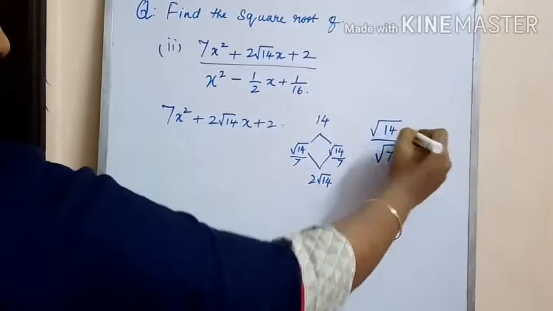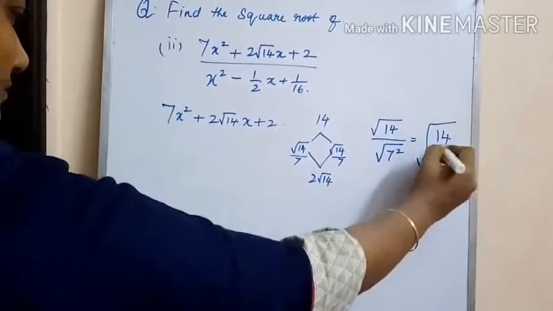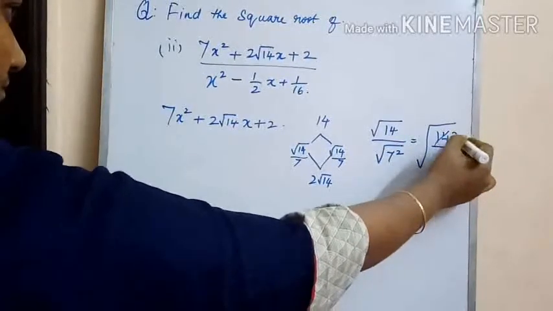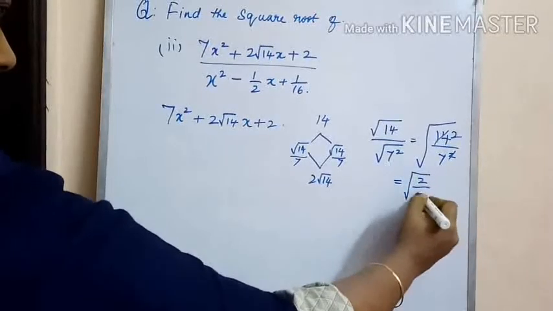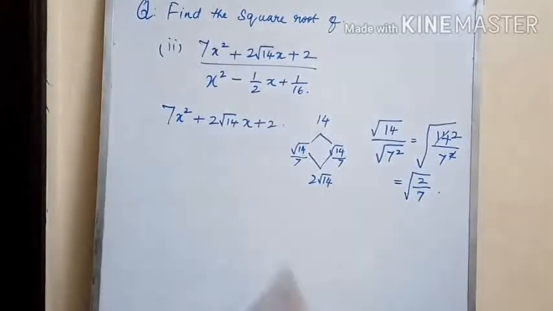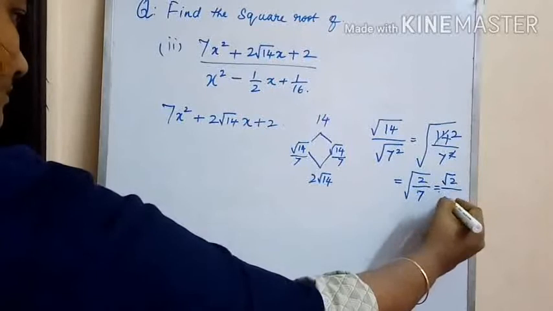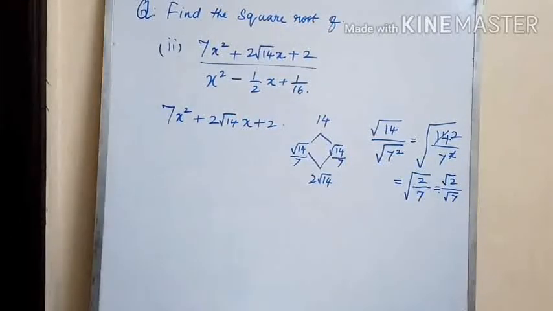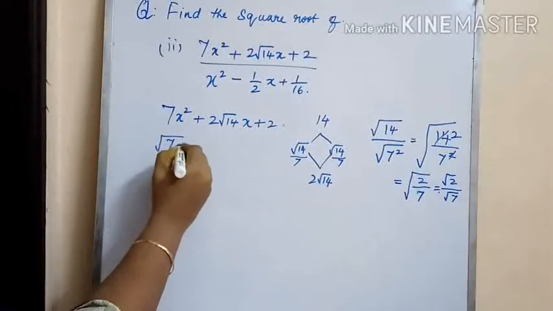So after cancelling, we'll get root 2 by root 7. So the factors of this quadratic polynomial is root 7x plus root 2 the whole square.